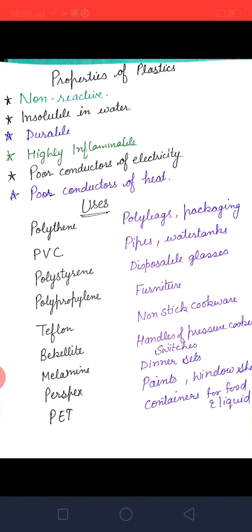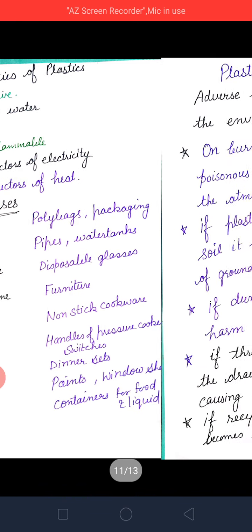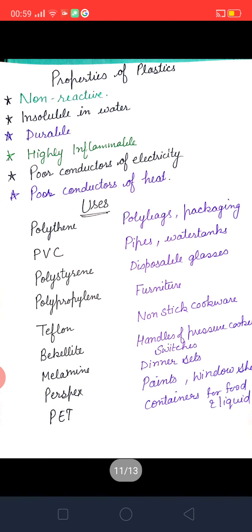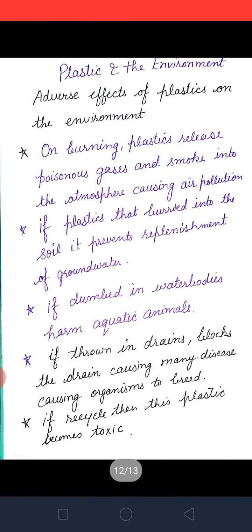Now we will see whether plastic is non-disposable or disposable. Who will tell me? Disposable or non-disposable? Simple. If we dispose of plastic in the soil, then what will happen?